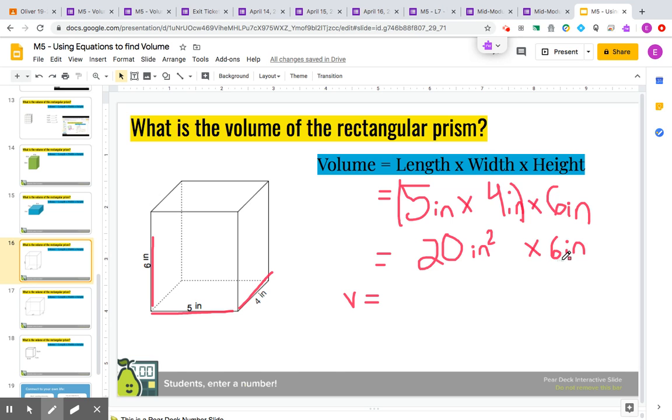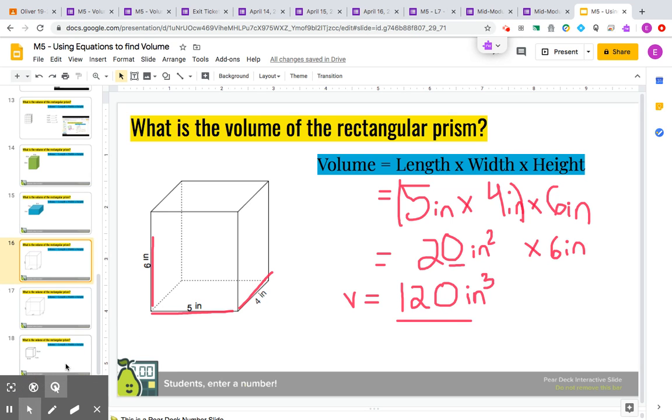So now I have 20 times 6. I know 2 times 6 is 12, and then I have that 0. It means I multiplied by 10. So the 2 in the ones place becomes 2 in the tens place. The 1 in the tens place becomes 1 in the hundreds place. So I have 120 cubic inches.